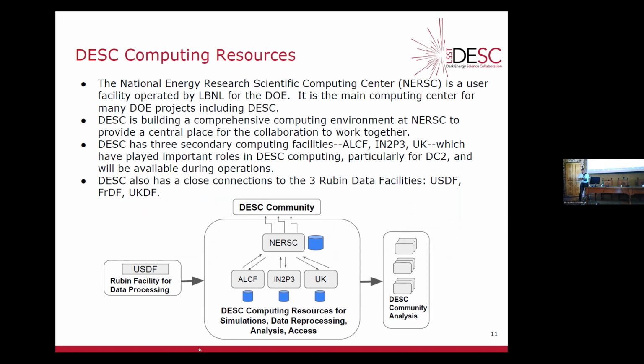DESC is building a computing environment at NERSC, which provides a central place for the collaboration to work together. But it has three secondary computing facilities at Argonne, at IN2P3, and in the UK, which will be available during operations. There are also very tight connections with the three Rubin data facilities at USDF, French DF, and UK DF.